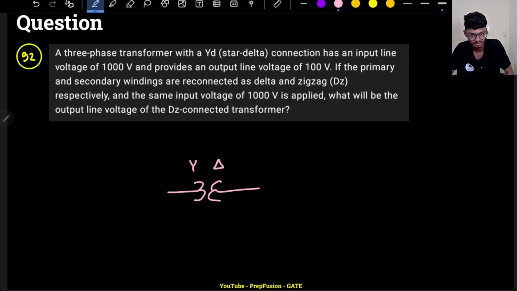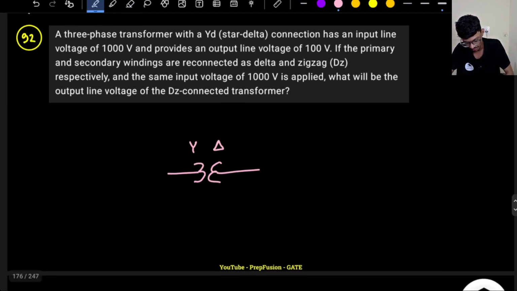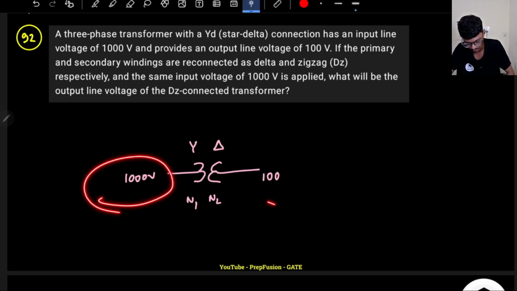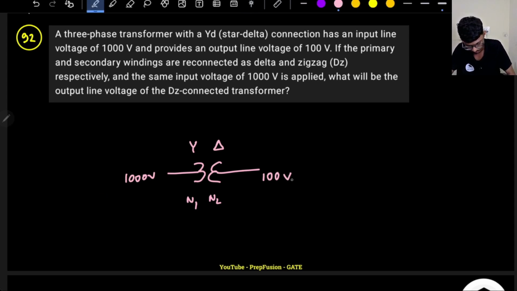Let's assume that the turns ratio here is N1 to N2. I could write NHV and NLV, any notation works, but I will write N1 N2 only. On the high voltage side the voltage is 1000, and on the low voltage side the voltage is 100.